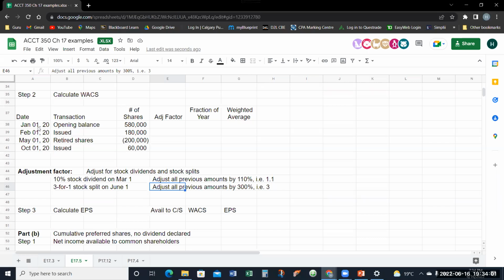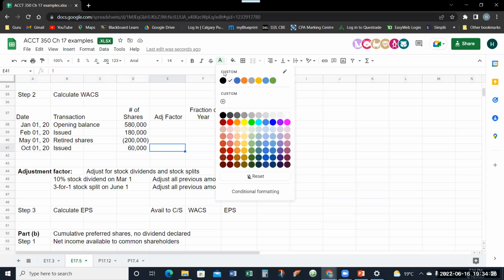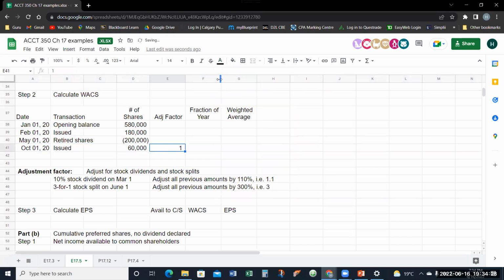So January 1st, yes. February 1st, yes. May 1st, yes. October 1st, no. This last transaction will not be adjusted for the stock split. So on October 1st, I'm neither adjusting for the stock split, nor for the stock dividend. So the adjustment factor for October 1st will be 1, or 100% if you will.